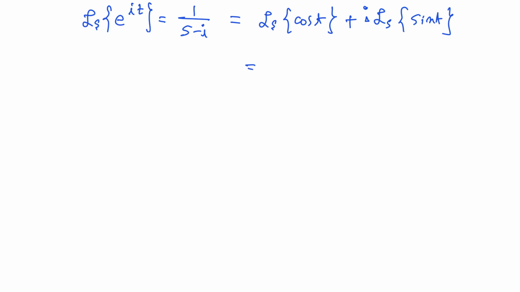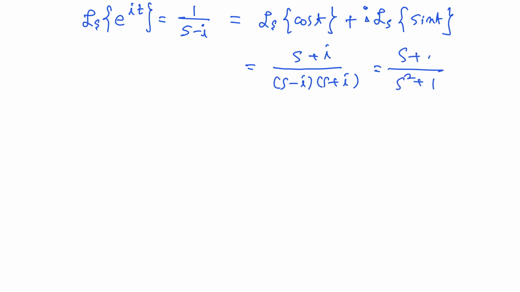Multiplying by s plus i over s plus i, this is s plus i over s squared plus 1, the same as s over s squared plus 1 plus i times 1 over s squared plus 1.